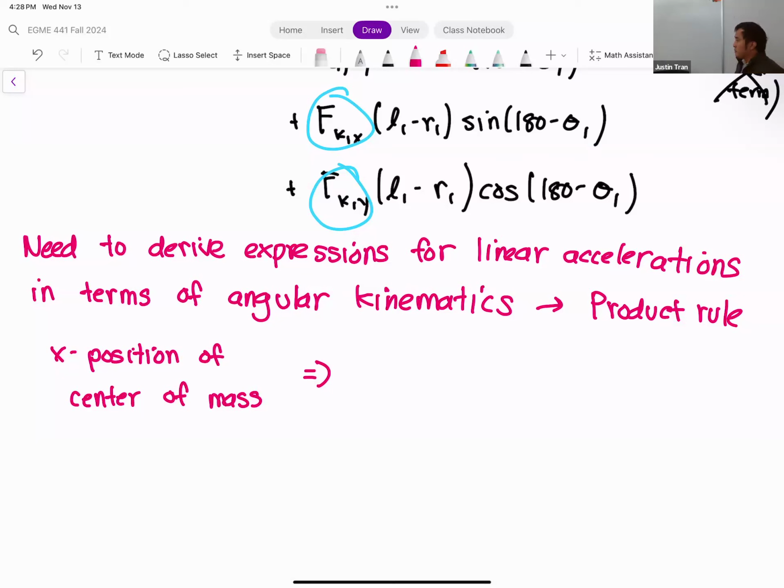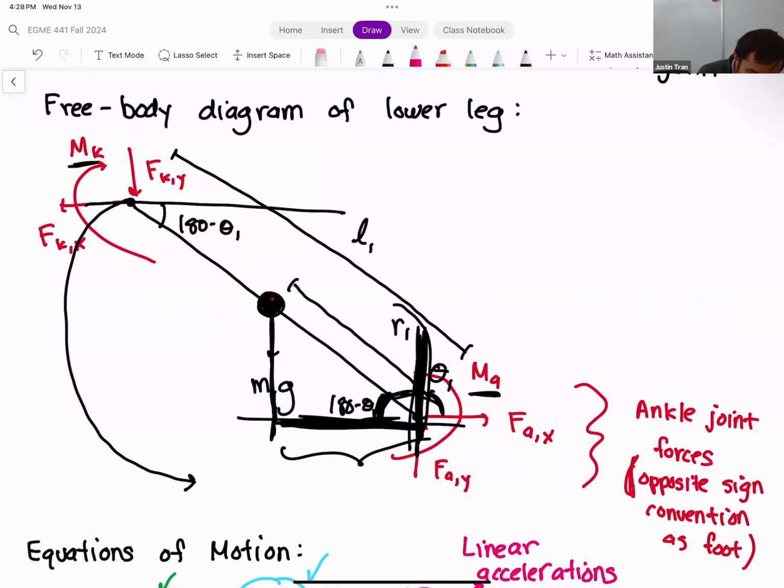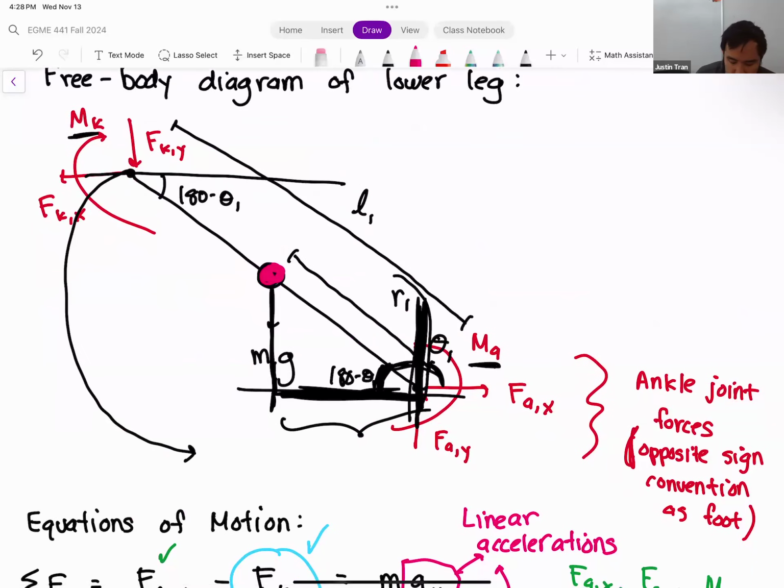Okay. And so if we look back up to this diagram here, the center of mass is this ball right here, right? So we want to get the x position of this. So one way that we can express it very simply, knowing the fact that we have theta1, right? Remember, theta1 here is known.